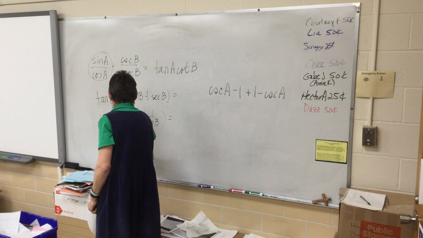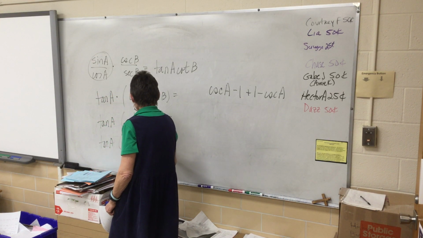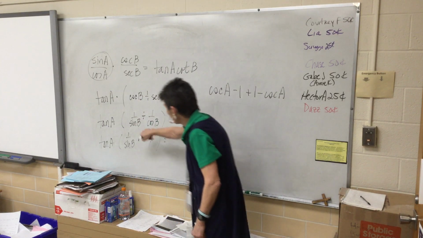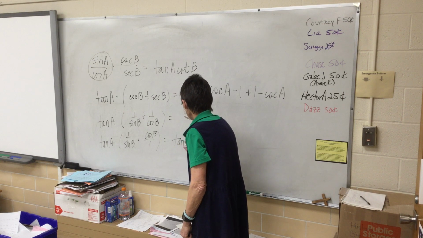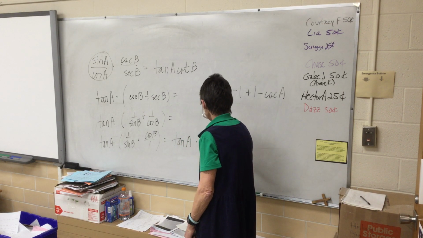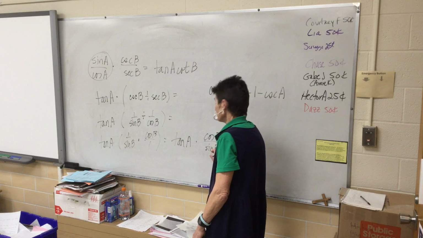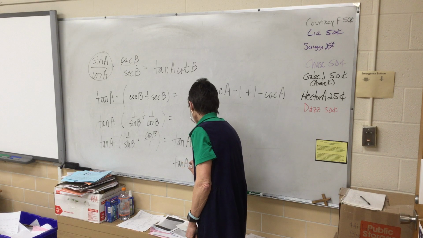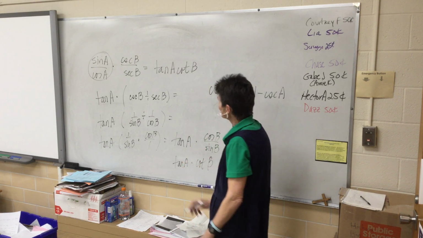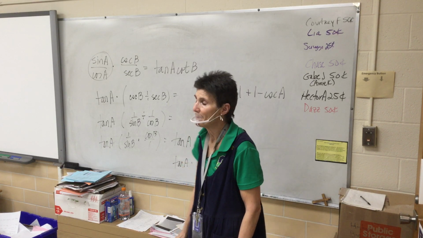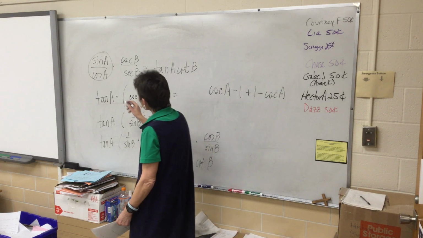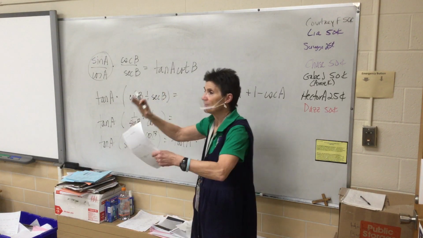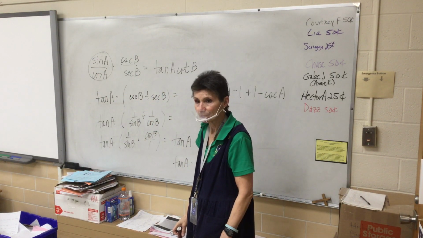And that's going to leave me with 1 over sine times cosine over 1, which when I multiply those, I'm going to get cosine over sine, which is cotangent. So no big deal that there's 2 variables. Just remember, you can't combine a cosine A and a cosecant B, for example. Like variables have to be kept together.